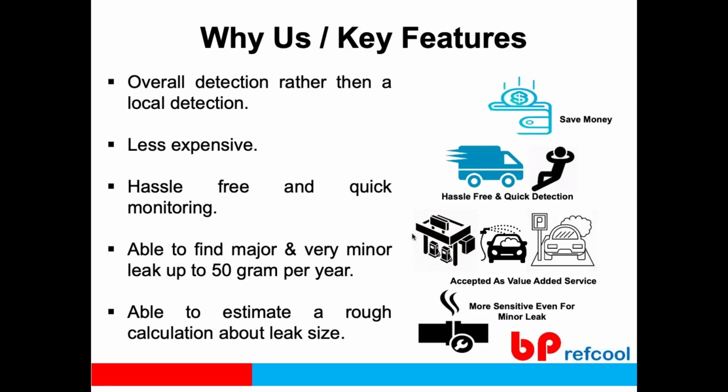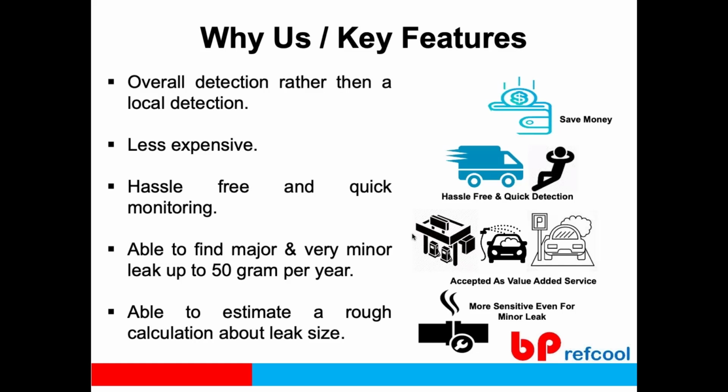Second, it is less expensive because it's very quick, easy, hassle-free, a quick monitoring tool that can be used in various applications. It is able to find major as well as minor leaks, up to 50 grams per year, which we have estimated we can easily find with this type of technology.